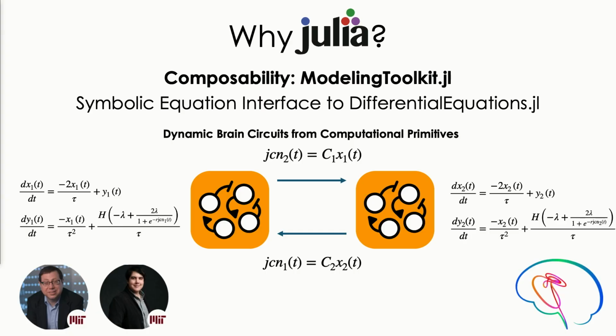And so what Modeling Toolkit does is it takes all these equations and then cleans them up. It, for example, removes the junctions, it eliminates the junctions because the junction is a connection. And then turns that into a function that then can be solved with an ODE solver. So this is full composability.